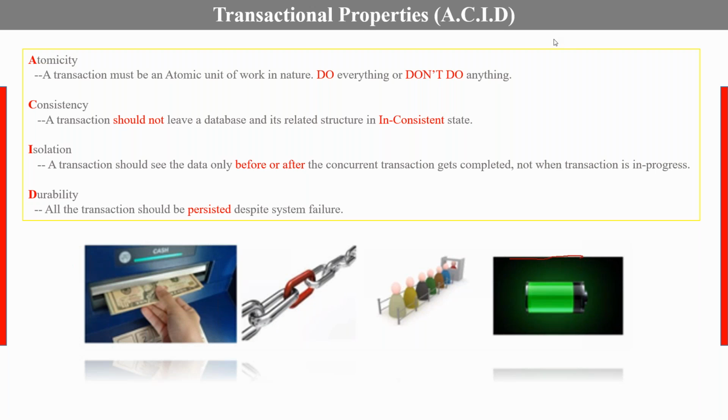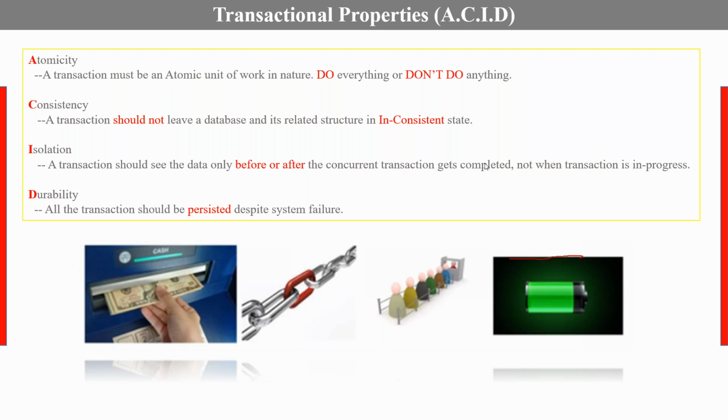Okay, next, consistency. Whatever transactions you are performing should not violate the state or behavior of your database and database objects. The transaction should not leave the database and its relational structure in an inconsistent state.